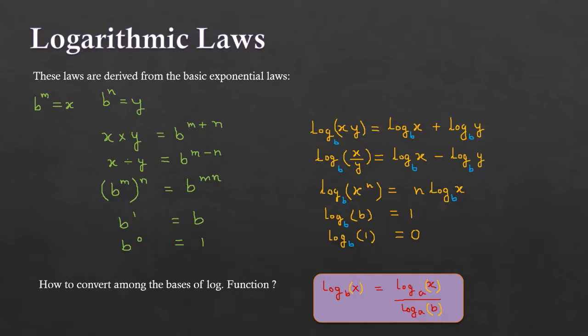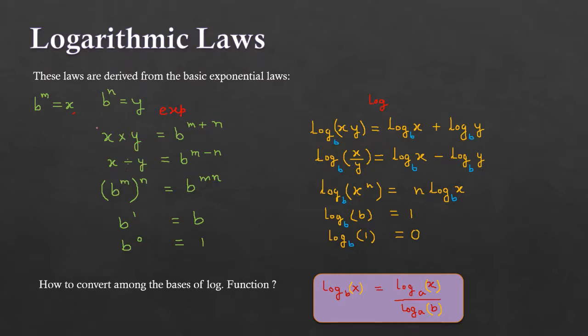with the set of laws for the exponential functions and for the logarithmic functions. On the right hand side, these are for the logarithmic function, and on the left hand side, these are for the exponential functions. So here we took into consideration that b to the power m, a kind of function, has been considered as x, and b to the power n has been considered as y, and thus the laws follow as you can find that x into y, a simple product, we obtain b to the power m plus n.